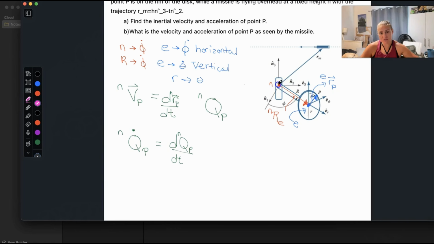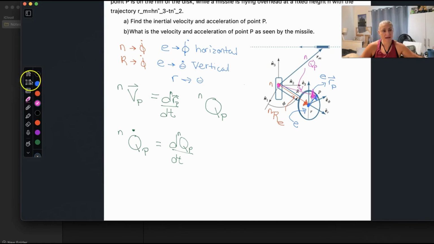It's just a position vector that locates the point P, being viewed from the N frame. So we can say that that's Q. This is the position vector locating point P viewed from the N frame.